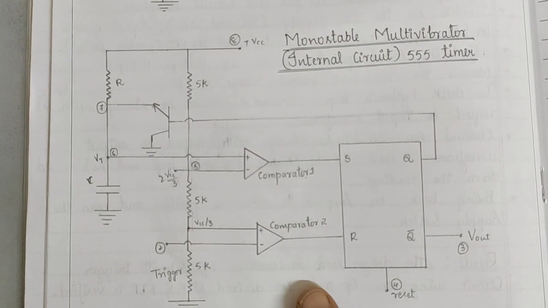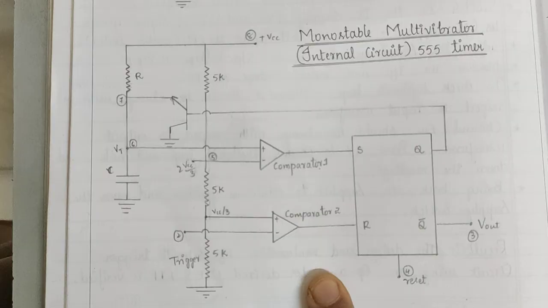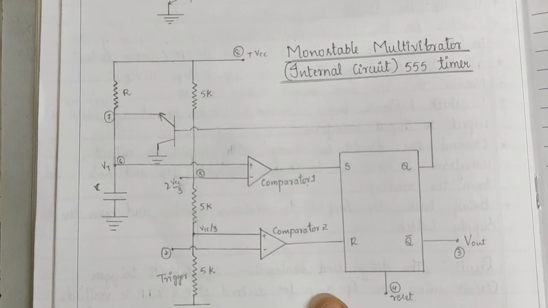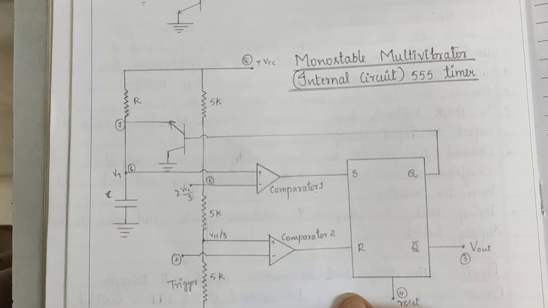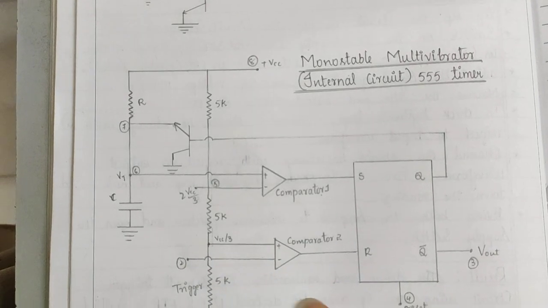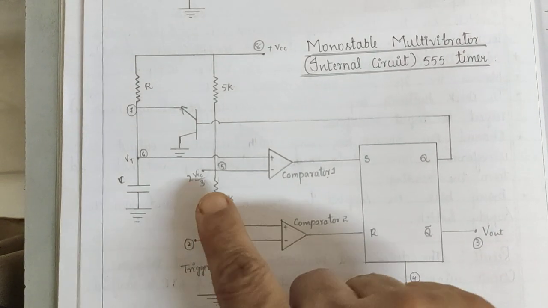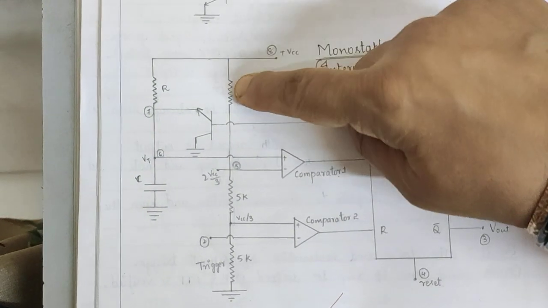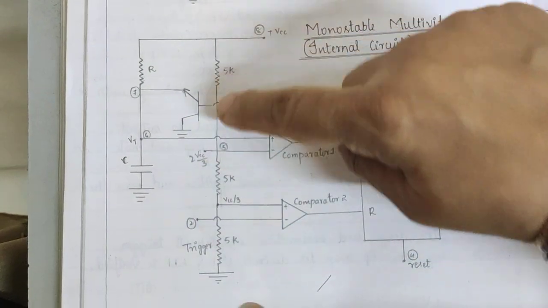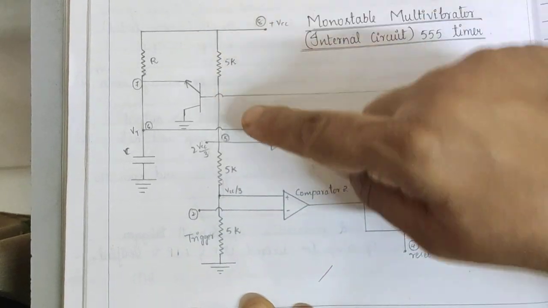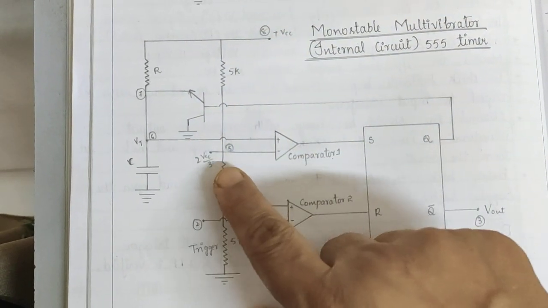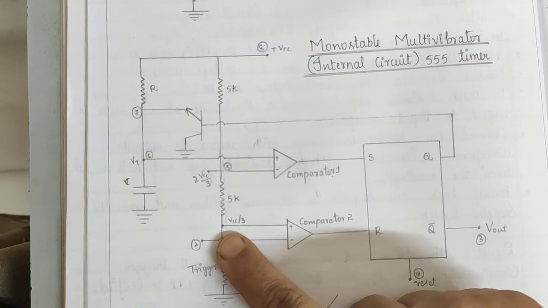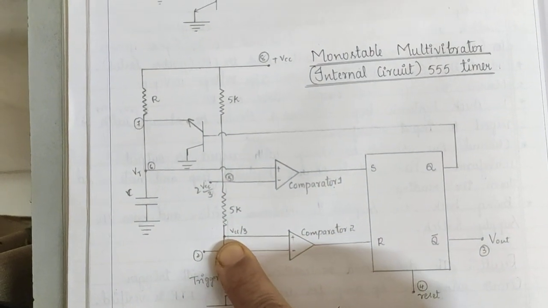This is the internal circuitry of the monostable multi-vibrator in the 555 timer. We can see the input is VCC, which is 5 volts. You have the potential divider of 3 equal resistors, and their junctions give you 2/3 VCC and 1/3 VCC.